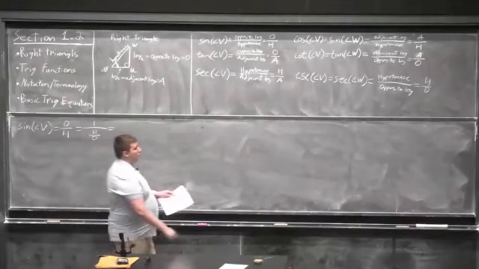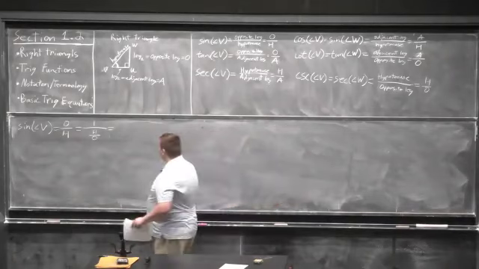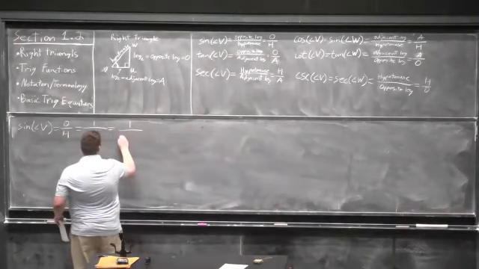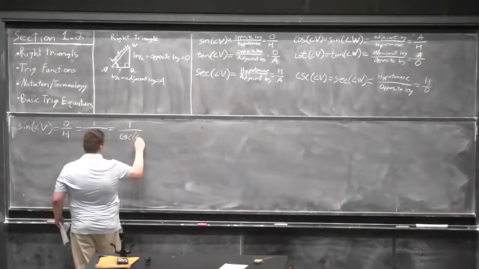That is cosecant. So we have 1 over cosecant of angle V.